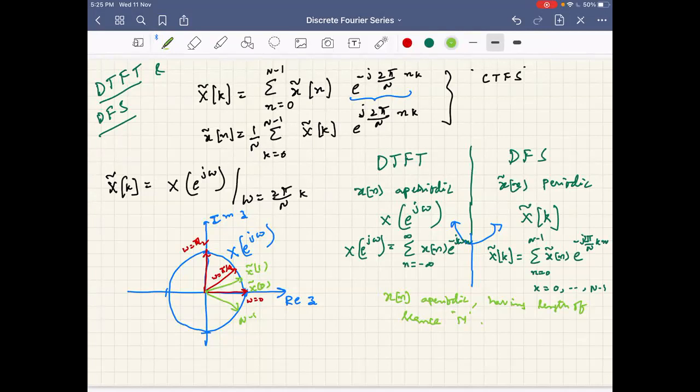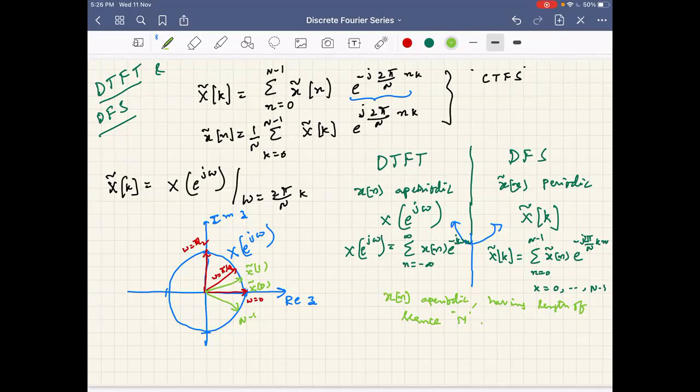Similarly, if you start from some n0, then n0 plus M minus 1 is the last of the non-zero samples that the signal can have. So the length of the aperiodic sequence is M.